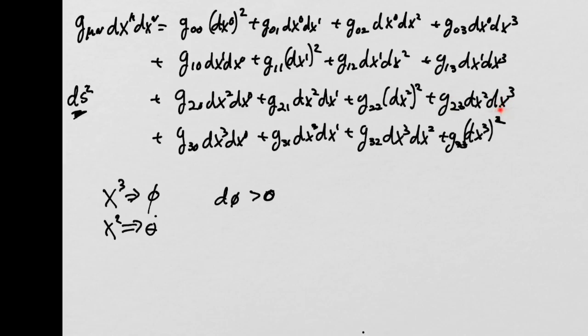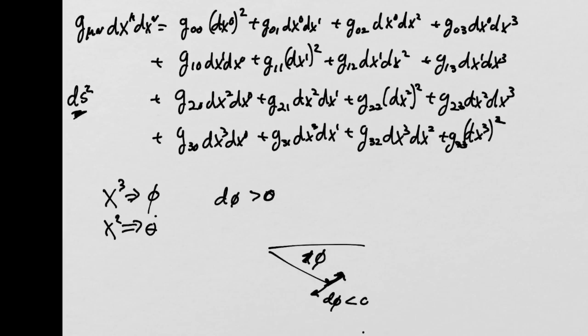But if you went the other way, if instead of d phi being a little bit positive, you moved a little bit in the negative direction, the length of that line element really shouldn't be any different. So even if d phi is less than 0, the line element's length shouldn't change.